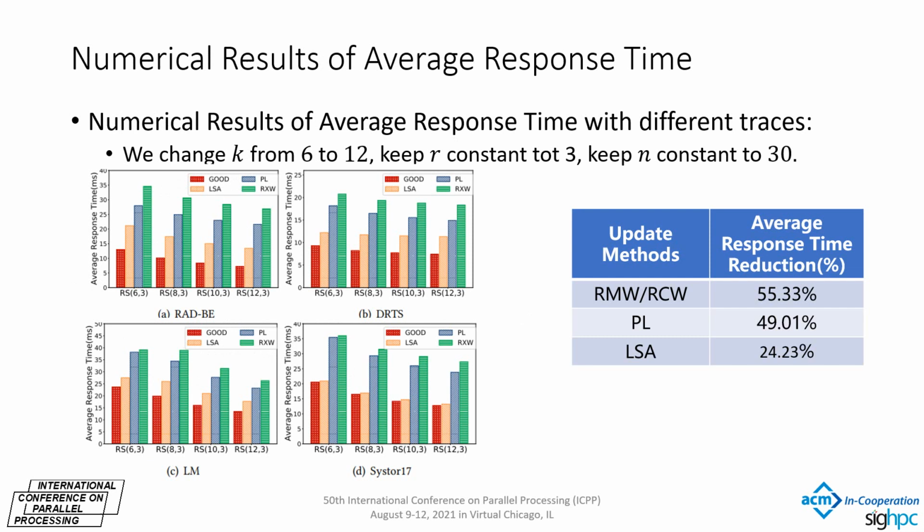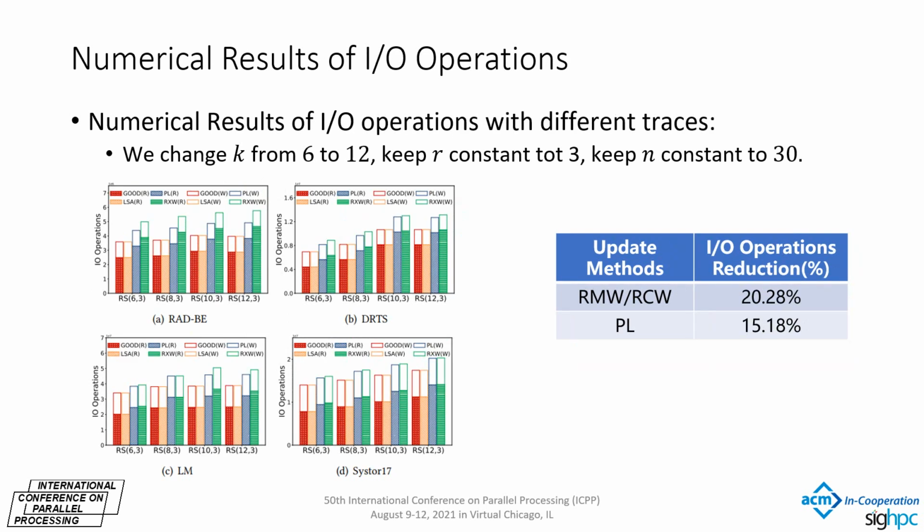Compared with RMW, RCW, PL, and LSA, GOOD can reduce average response time by 55.33%, 49.01%, 24.23%. Compared with RMW, RCW, and PL, GOOD can reduce I/O operations by 20.28%, 50.80%.